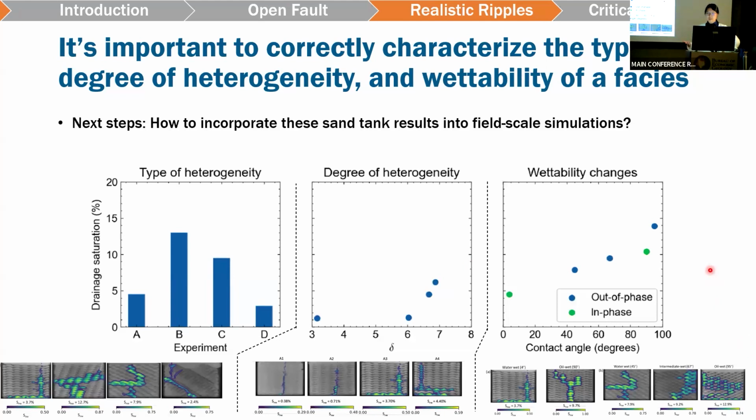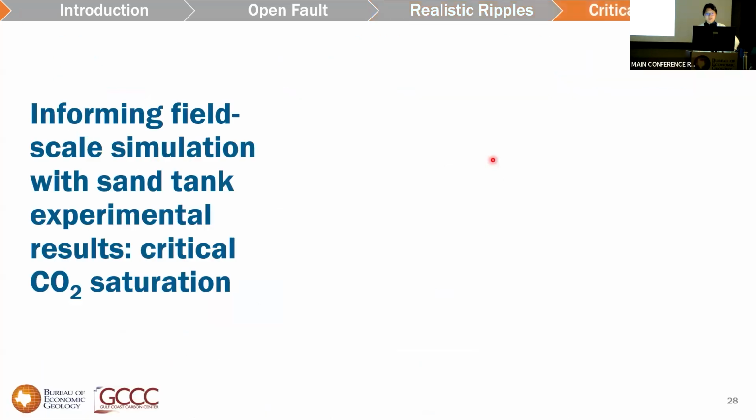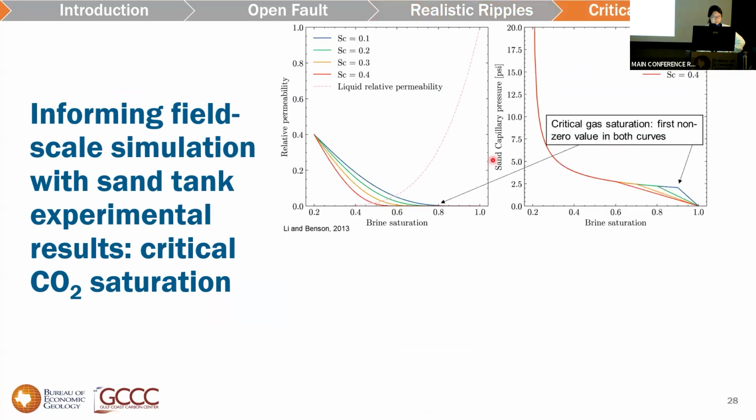So now that we have all of these different sand tank trapping results, how can we incorporate these results into field scale simulations? And that's the next section I'm going to talk about. We can incorporate these sand tank results via this parameter called the critical CO2 saturation.